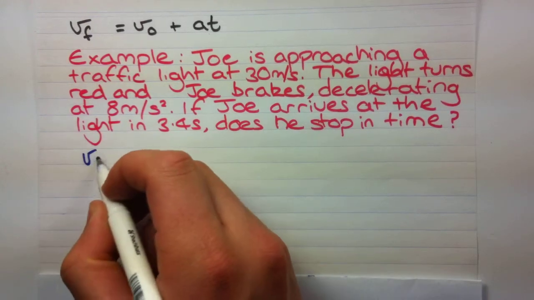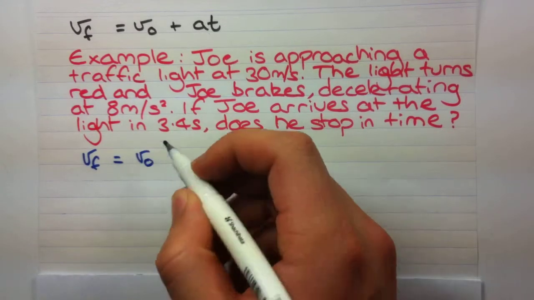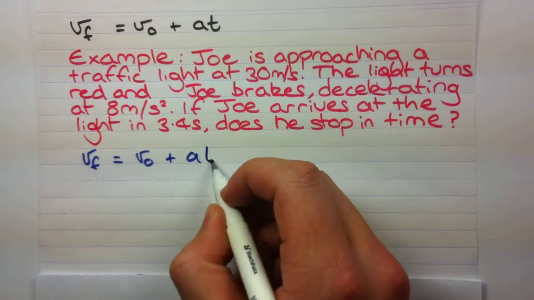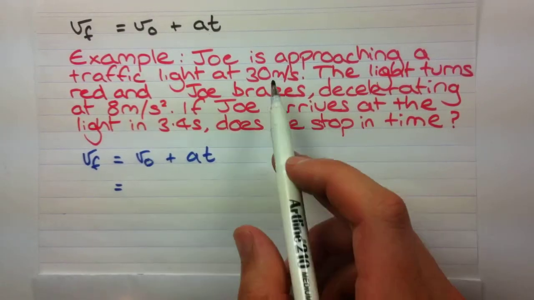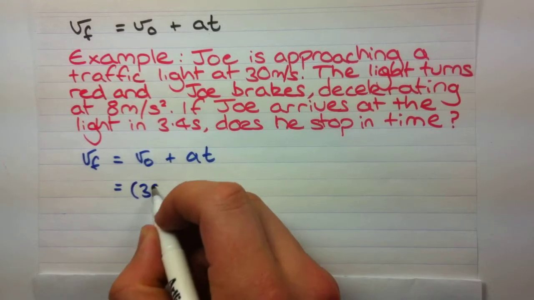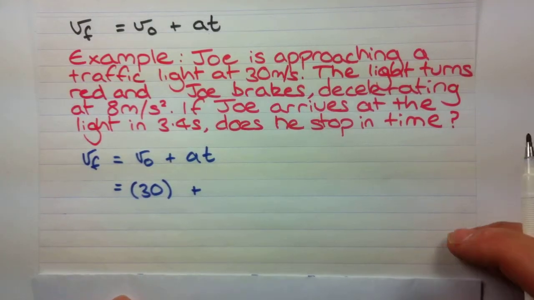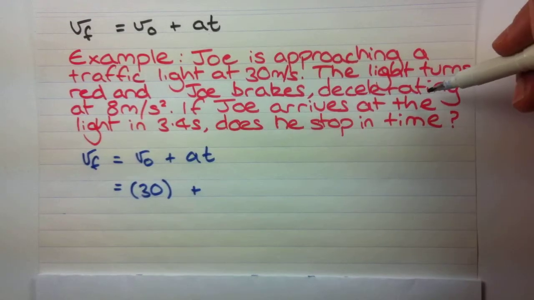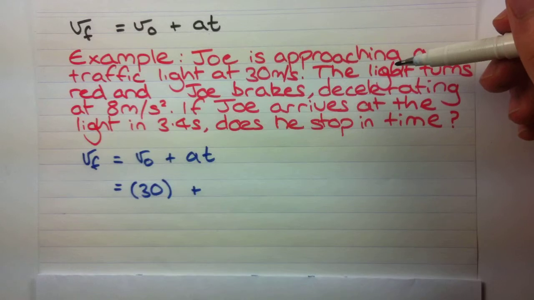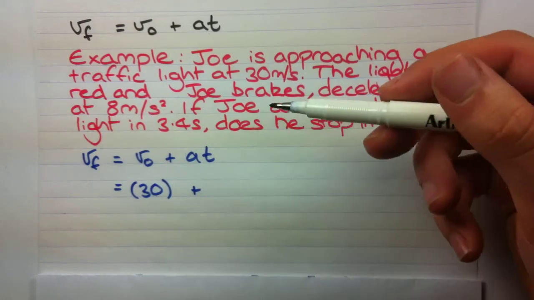So first things first, write down the equation, then we can start subbing in some values. So V0, 30 meters per second. Acceleration. Now, a really important concept is that when the acceleration is in the opposite direction to the velocity, we actually have to reflect that in our math.